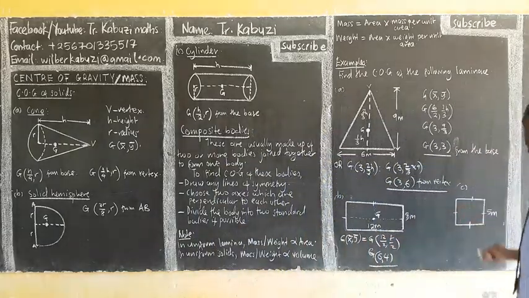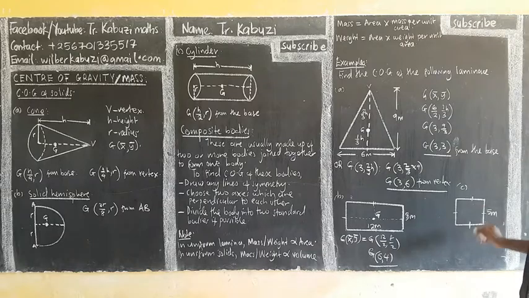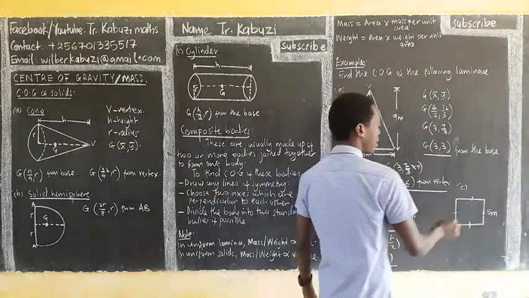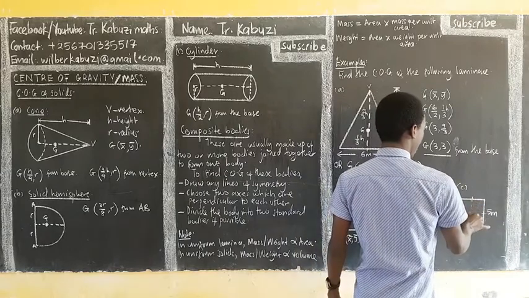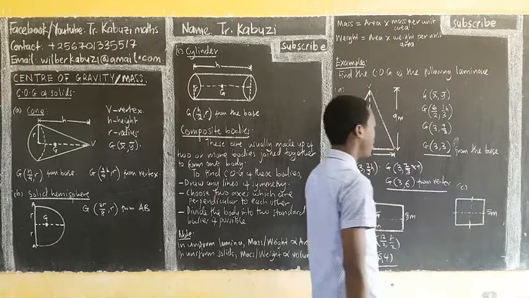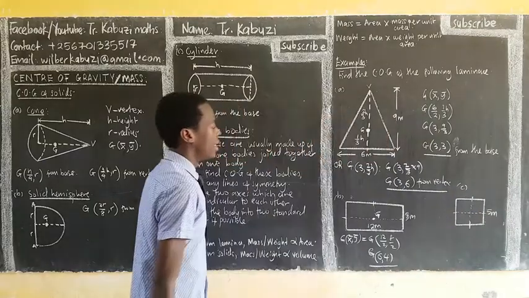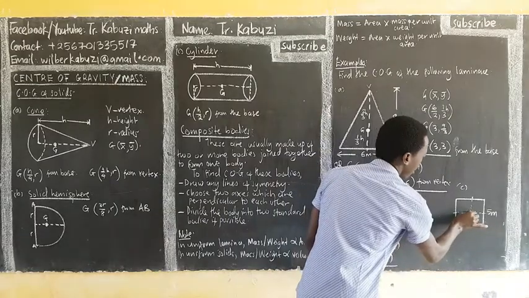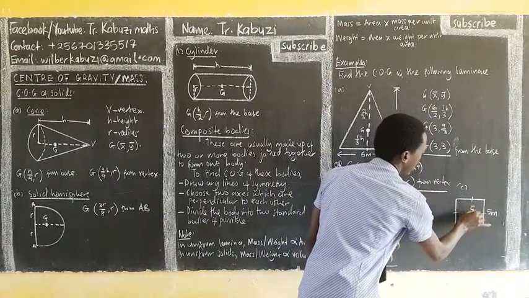When I come to this, these sides, they are telling us that they are equal. So what does it imply? That this is a square. The square also has a line of symmetry vertical and also a line of symmetry there. It has more than one line of symmetry. But now, if I use these 2, it means that my center of gravity is going to be located there.